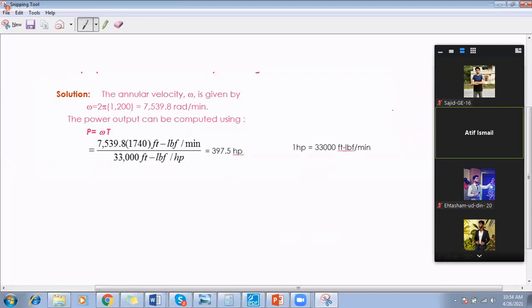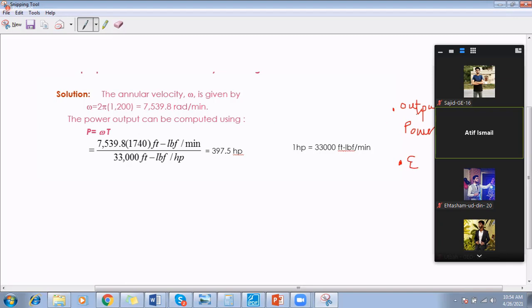Our objective is the output power, and secondly we want to calculate the efficiency E. These are our two objectives.